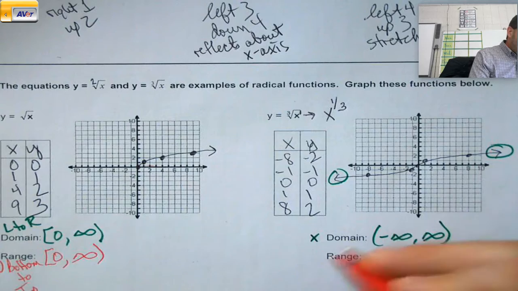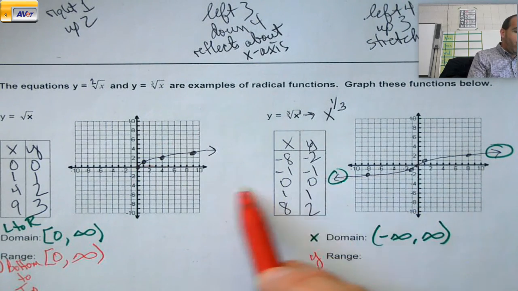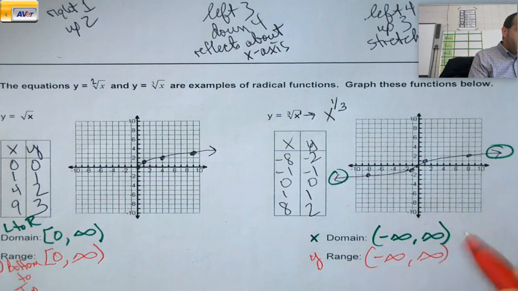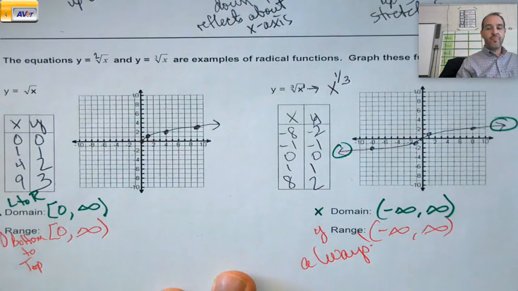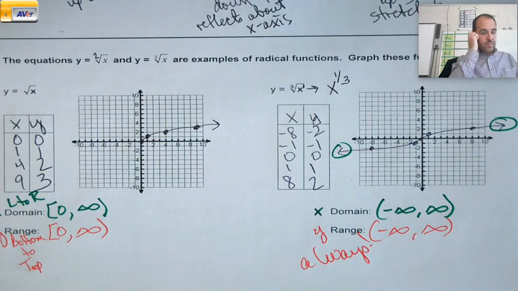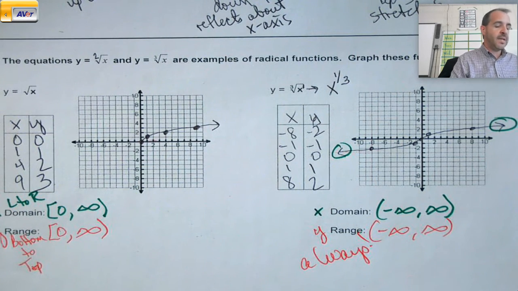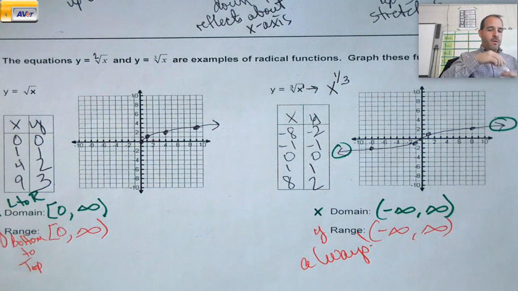If things never stop going down, even though it's slight, down or up, they're infinite. First clue, when you're dealing with cubed roots, they are always going to have infinite domain and range. If there's a stretch, if there's a shift, it doesn't matter. Stretch, shift makes no difference at all. It's always going to be infinite.